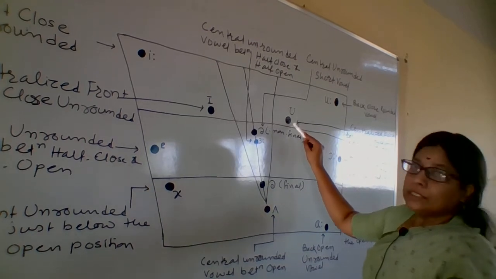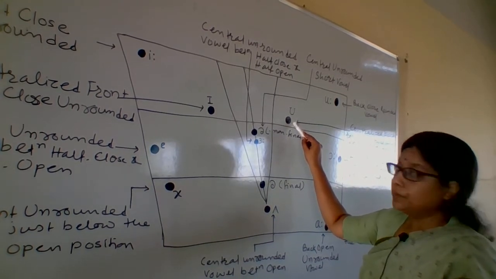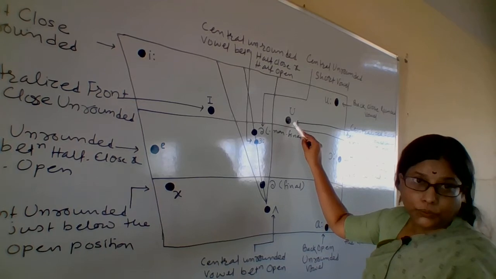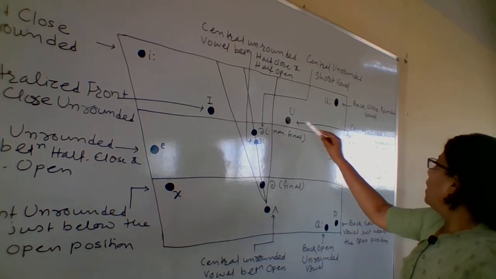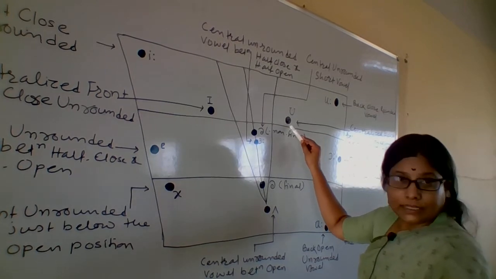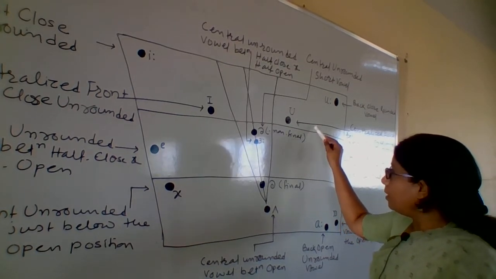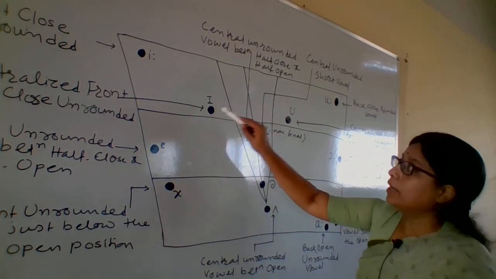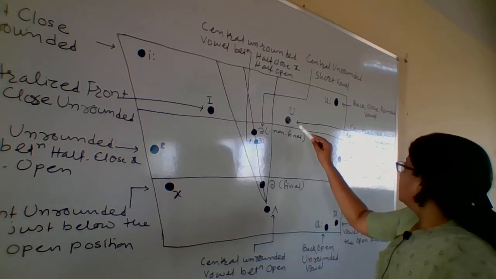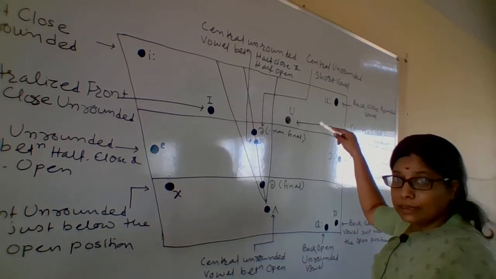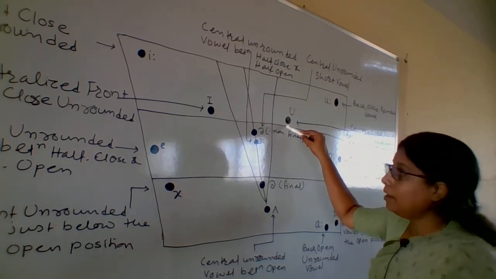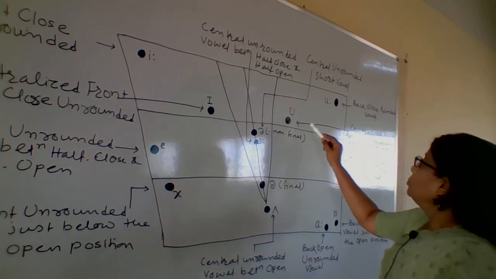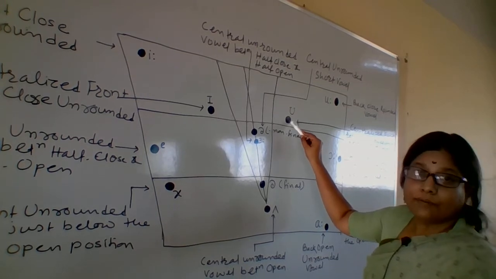Then we have this U. This is short U. Lips are rounded, obviously. And which part of the tongue is raised? Front part near the center. So like this shorty, here we have the back part but near the center. So here we have the centralized back part of the tongue raised to a height just above the half closed position.